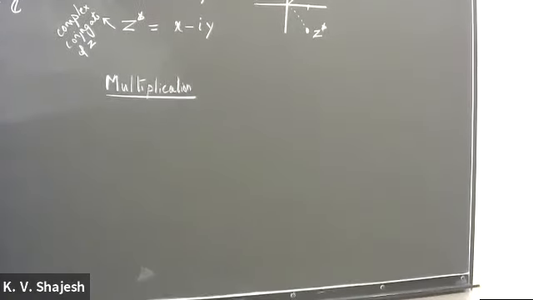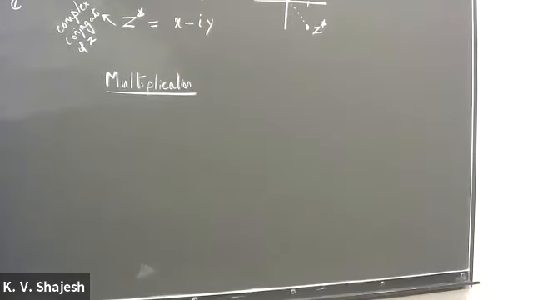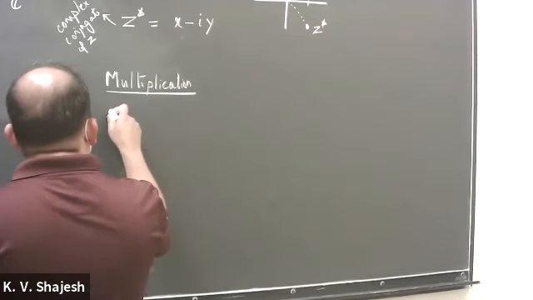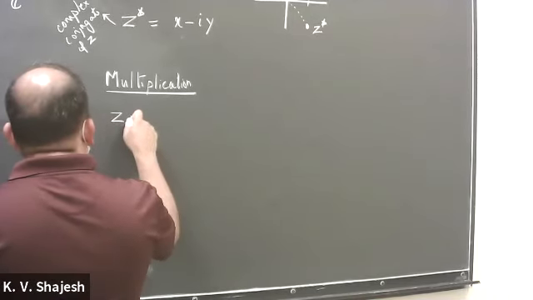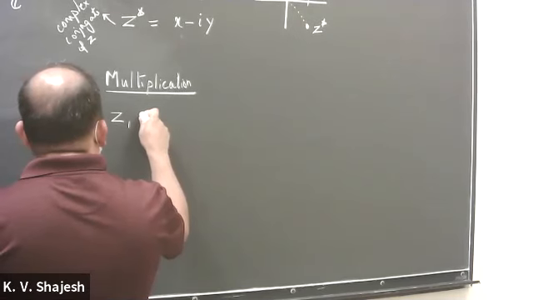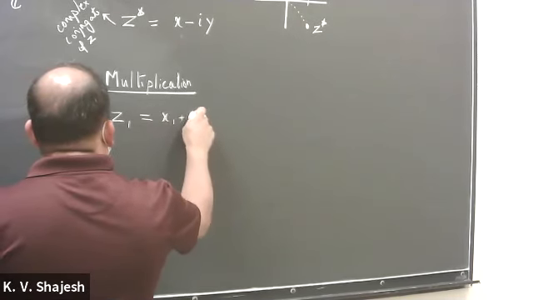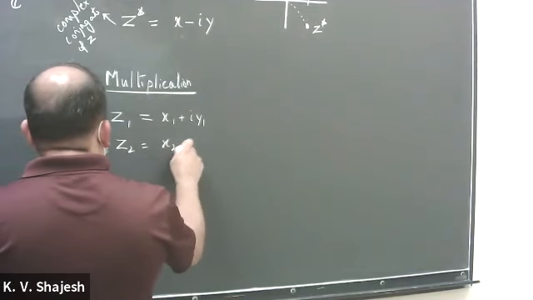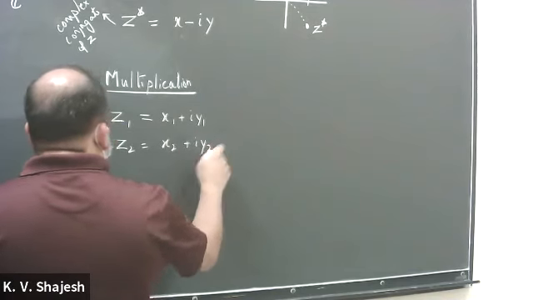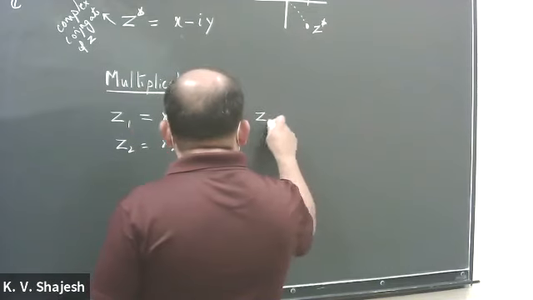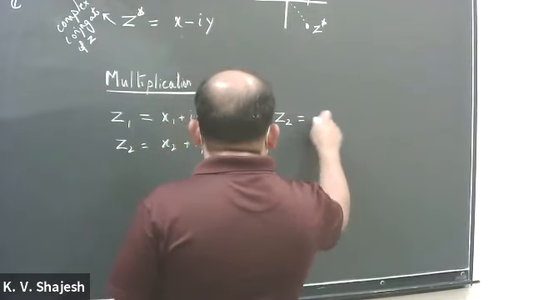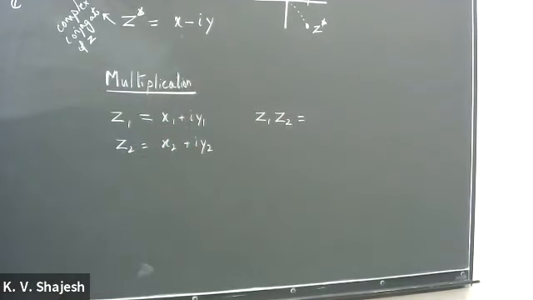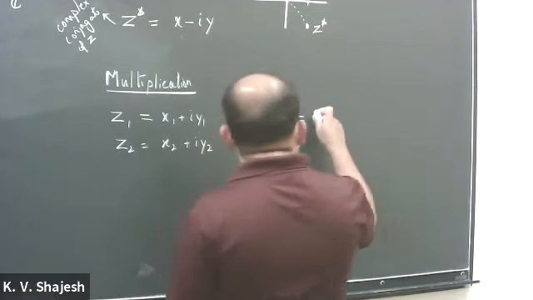So multiplication will be defined as, let's see how it will be. So this is z1 times z2. z1 is x1 plus iy1. z2 is equal to x2 plus iy2. And z1 times z2 is defined as, let's first put in all the numbers right away.